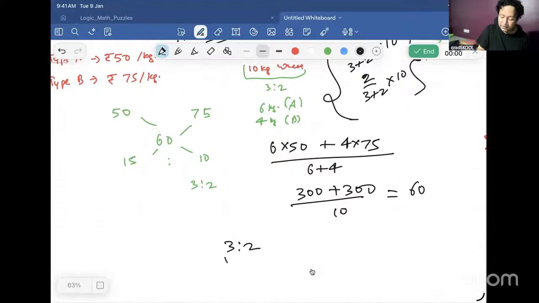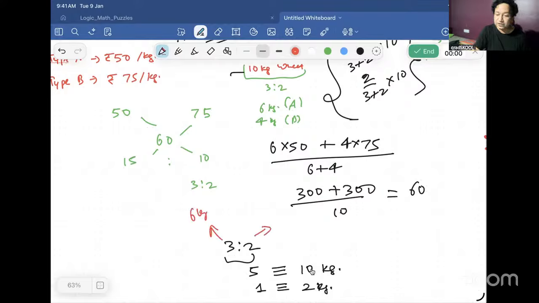3:2. In the world of ratios, 3 and 2 add up to 5. In the real world, it was 10 kilograms. So 5 units of ratio are equivalent to 10 kilograms in the real world. That means 1 unit of ratio is equivalent to 2 kilograms of real world. So if 1 is equal to 2 kilograms, 3 will be equal to 3 into 2, that is 6 kilograms, and 2 will be equal to 2 into 2, that is 4 kilograms.